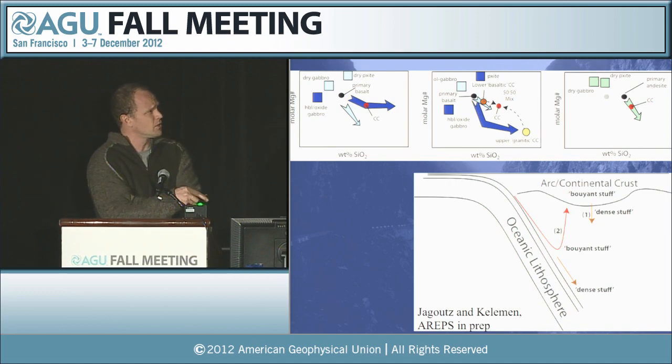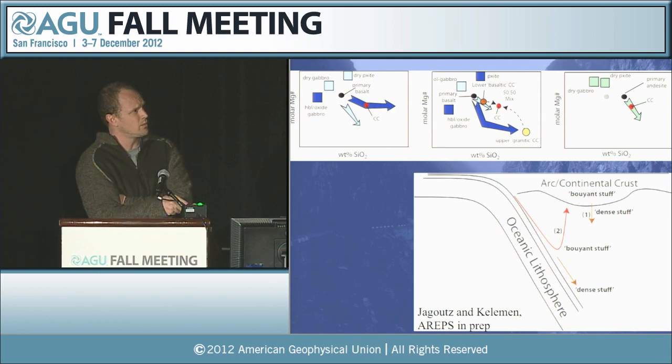It has, of course, been proposed many years ago that we have to lose this composition. And currently we discuss two main mechanisms. There is the new idea of Hacker and co-workers that we have a density sorting mechanism of material that goes down along the oceanic lithosphere, where we lose the dense stuff that goes down and we add buoyant stuff back into the crust.